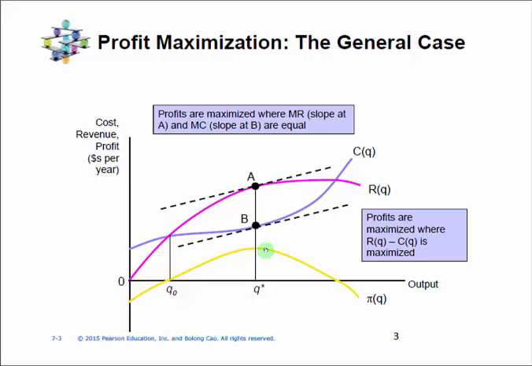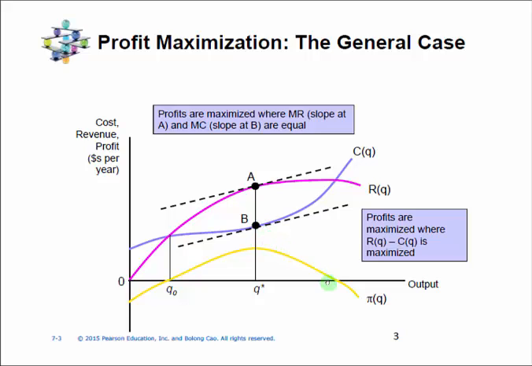You already earned $100 profit. The next one is negative 50 cents. It makes your total profit go from $100 to $99.50. That makes the profit curve decline. So you do not produce beyond Q star. You stop at Q star to maximize the profit.